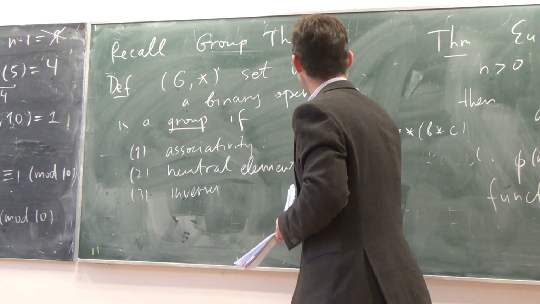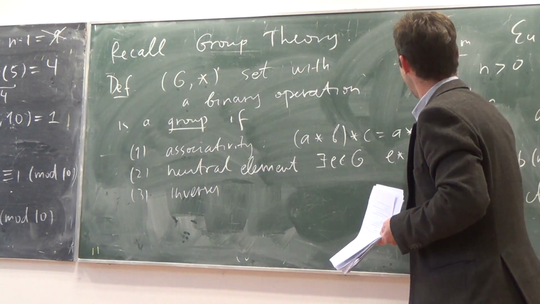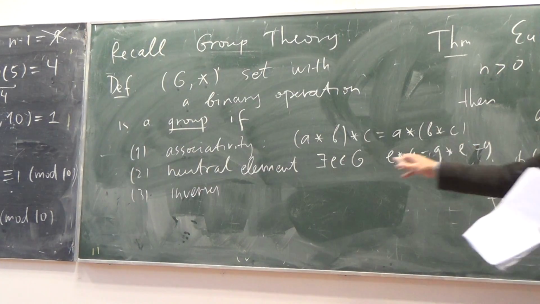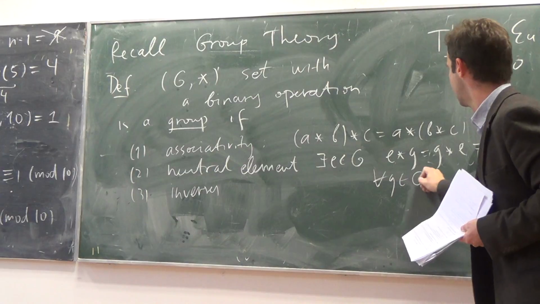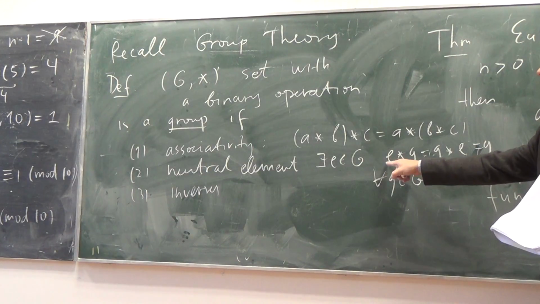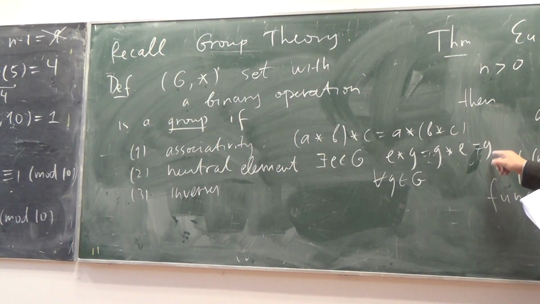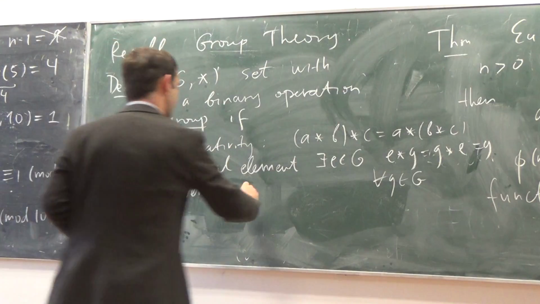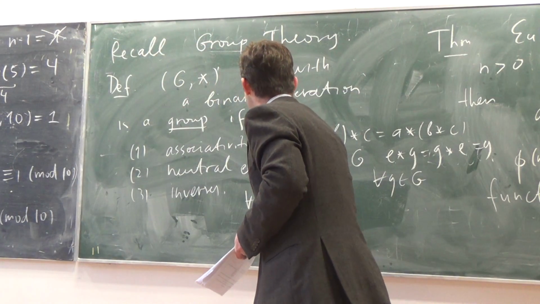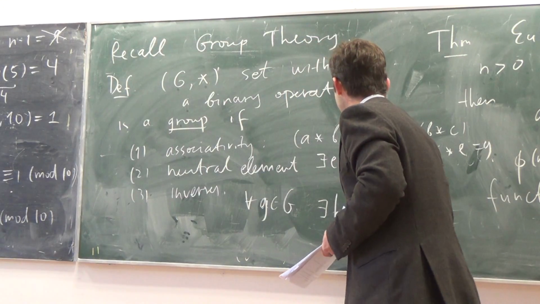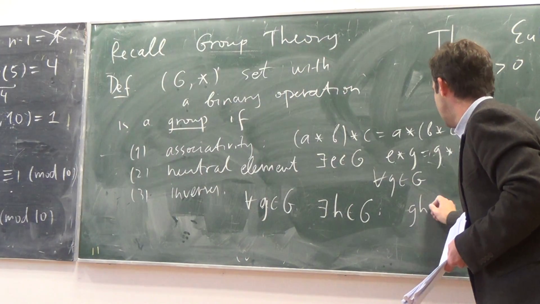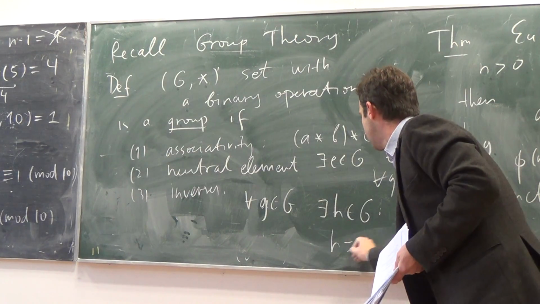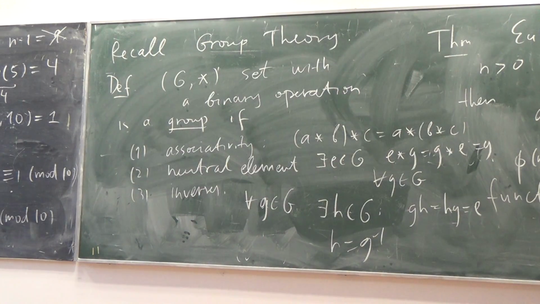Neutral element means that there exists an element E from G such that if I multiply on either side with this, I get the same element, for every G. And inverses means that for every G inside G, there is an H inside G such that GH is HG is E. In this case, we write H as G inverse.